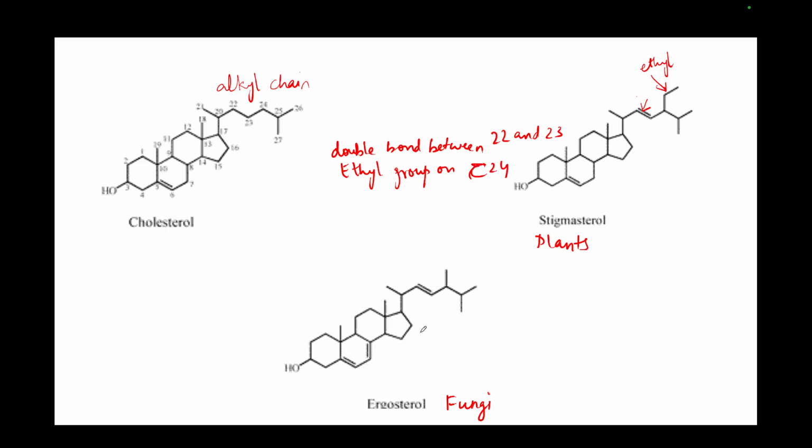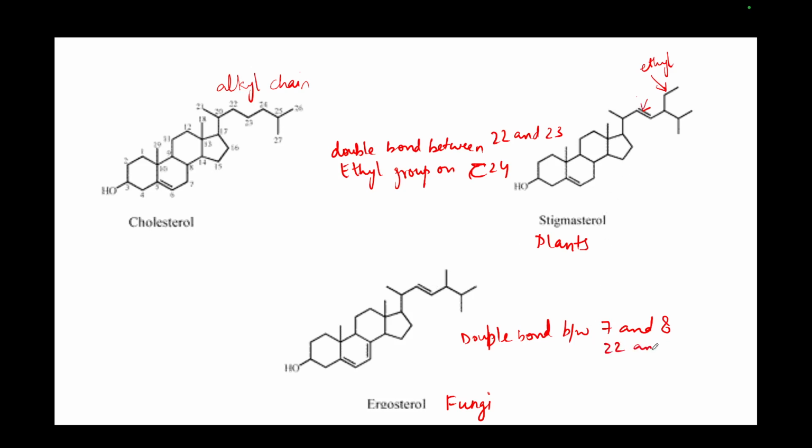What is there in ergosterol? In ergosterol, the ring structure is the same, but there is an additional double bond between the 7th and 8th carbon. And we have the double bond between 22 and 23 that is there in stigmasterol.